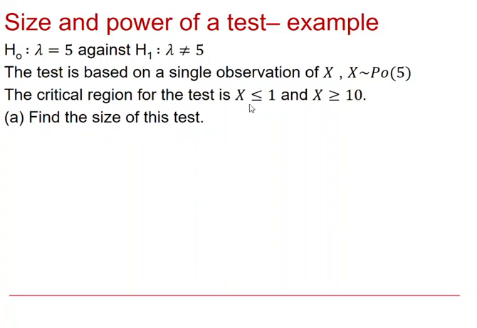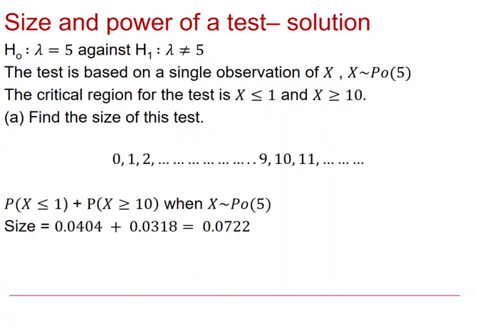So it would be the probability of falling in the critical region when lambda is indeed equal to 5. You may have a calculator you can use to evaluate the probability of getting 0 and 1 or 10 and more when lambda is 5, and that's the method I've used here.